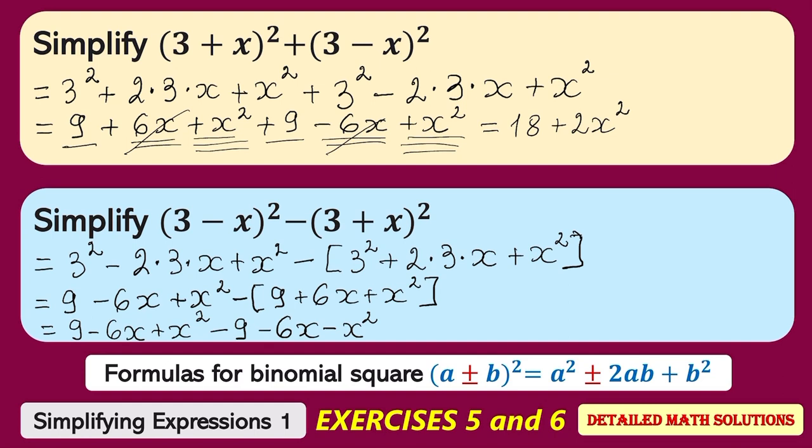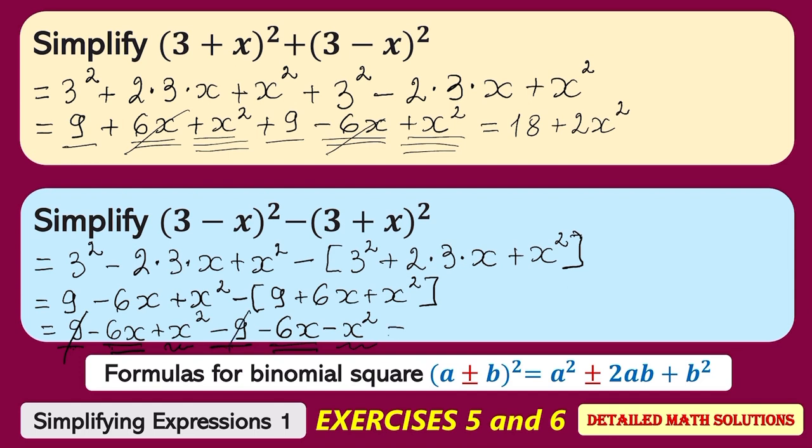Lastly, I need to add all like terms. I have 9, negative 9, 6x, negative 6x and negative 6x, and then x squared and negative x squared. 9 and negative 9 cancel out, their sum equals 0.